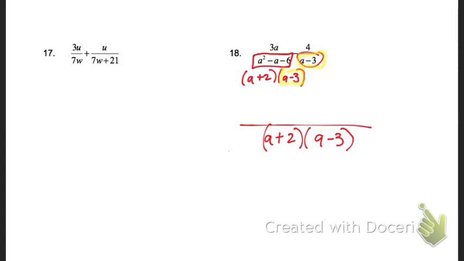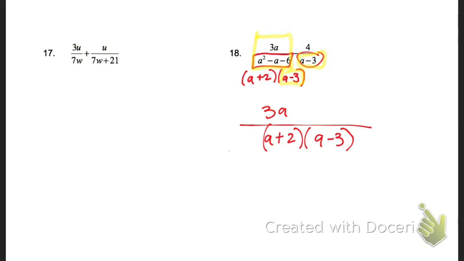Now, on the left-hand side, so the left fraction, do I even need to multiply by anything to get the right denominator? Or is it already as is? So this fraction right here already has the right denominator. So I don't need to multiply it by anything, so I keep it as 3a.